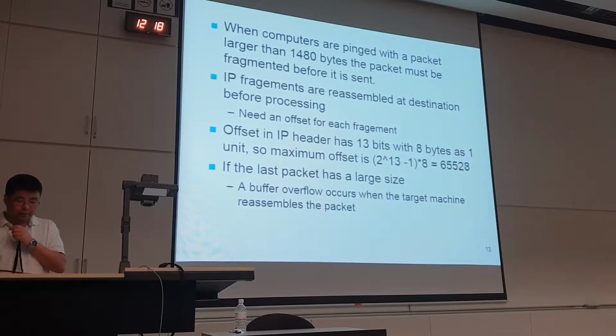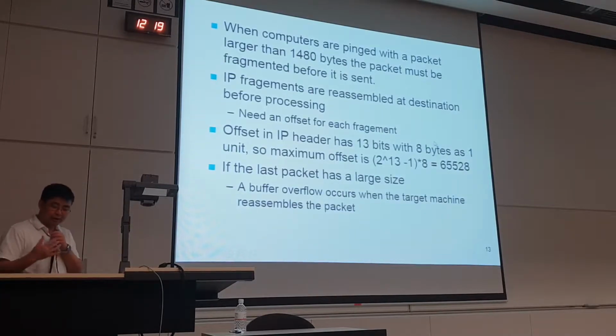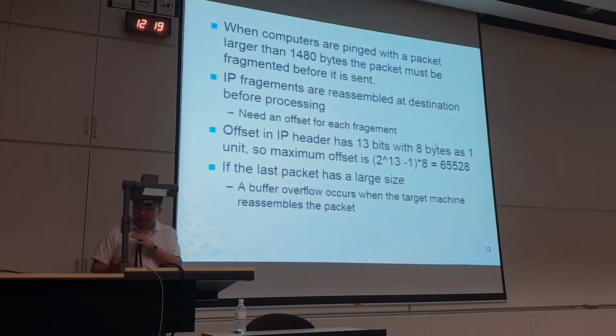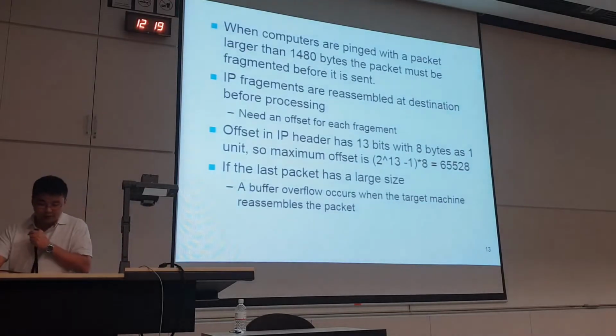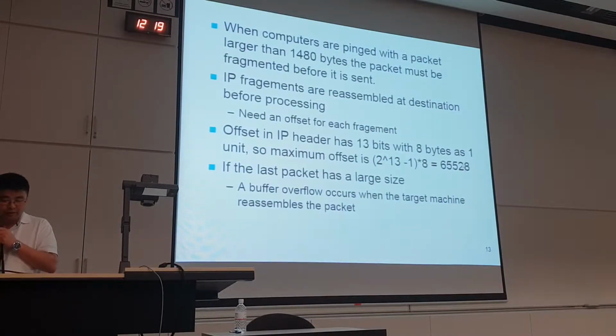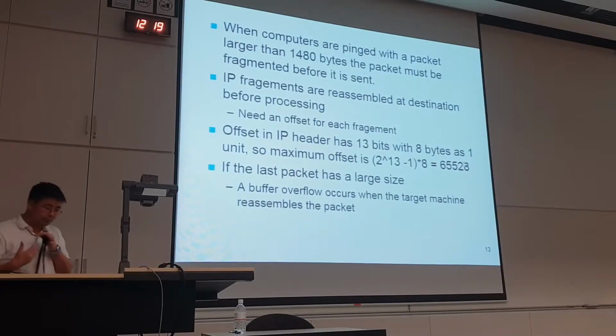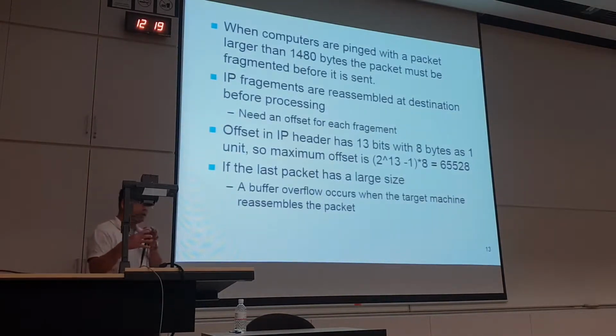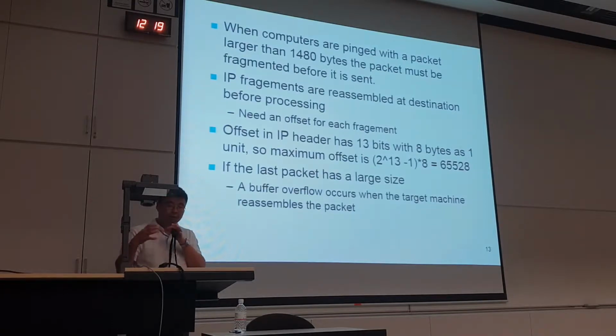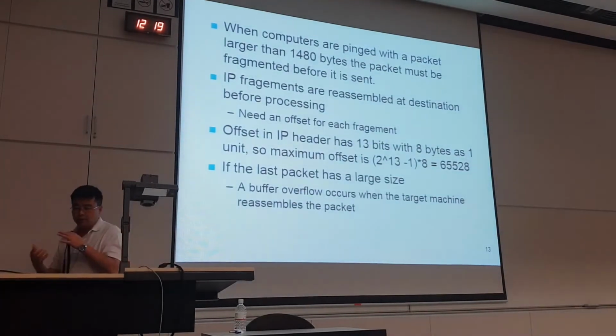So the 30-bit field will represent the offset, and each one bit will represent 8 bytes. If you look at this number, you can easily calculate the maximum offset, which is this value. That means you can prepare small packets of about 1,500 bytes each.